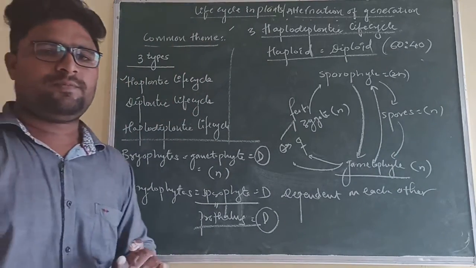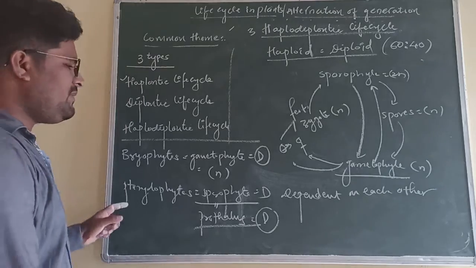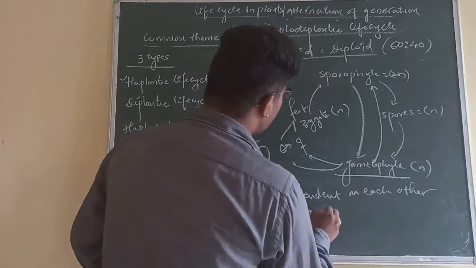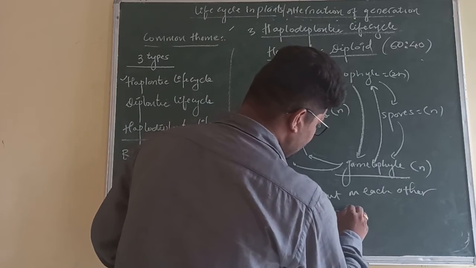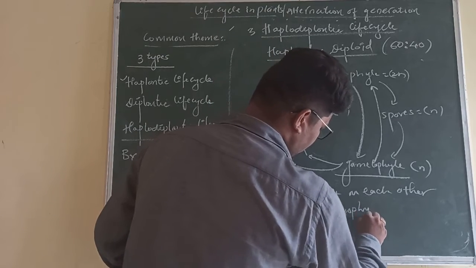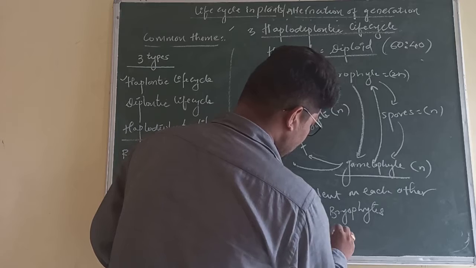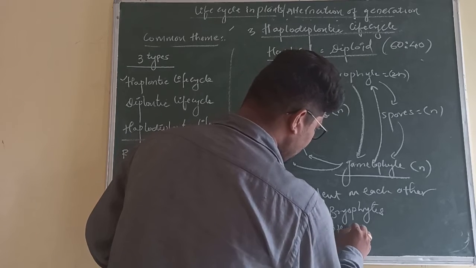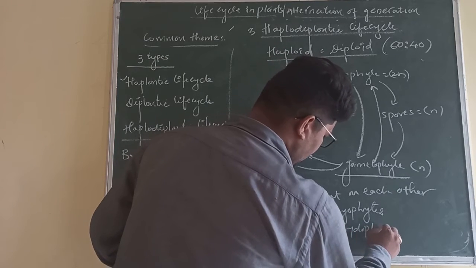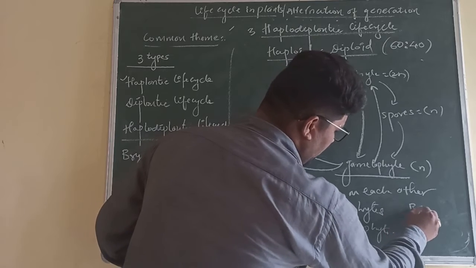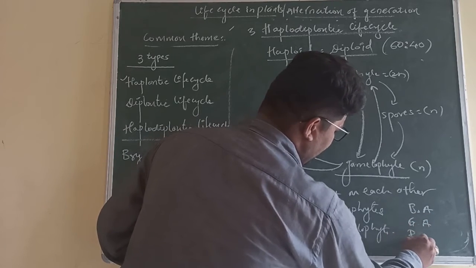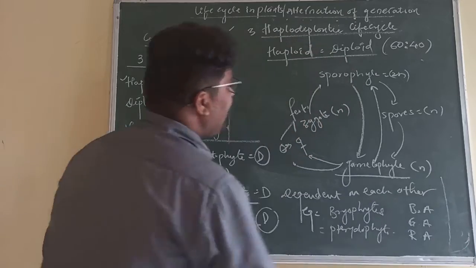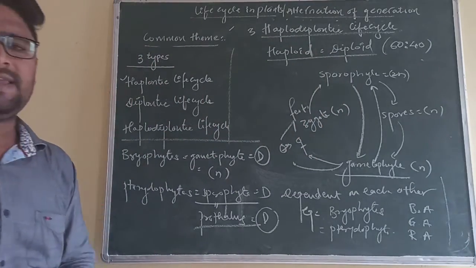So the examples of this haplodiplontic life cycle are bryophytes, then pteridophytes, brown algae, green algae, and red algae. All these are the examples of haplodiplontic life cycle.